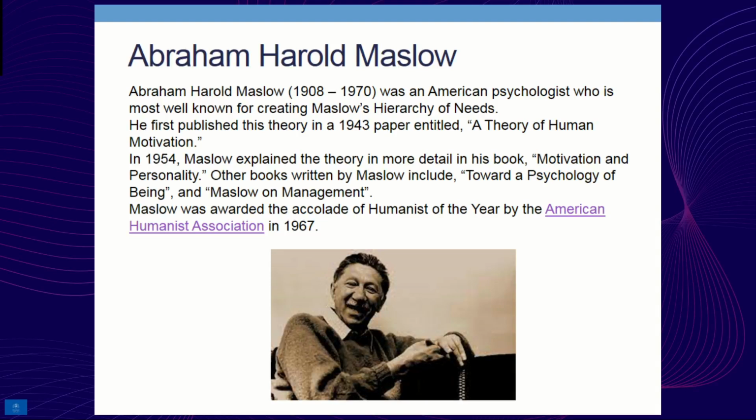Other books written by Maslow include Toward a Psychology of Being and Maslow on Management. Maslow was named Humanist of the Year by the American Humanist Association in 1967.